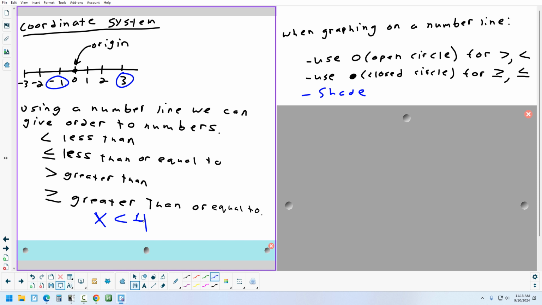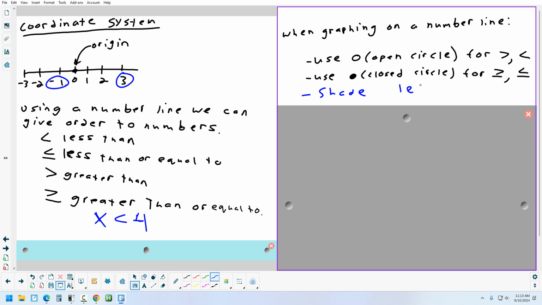If your inequality is set up with the letter on the left, then the inequality symbol, and then the number on the other side: letter, symbol, number. The symbol will always point the way you need to shade, as long as the letter is on the left. If the letter is on the right, then that doesn't work.